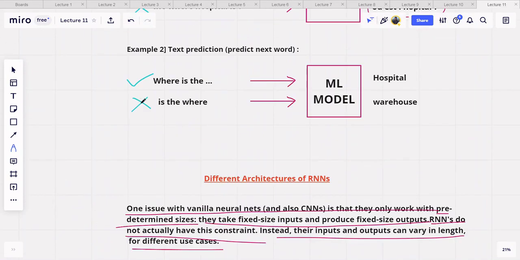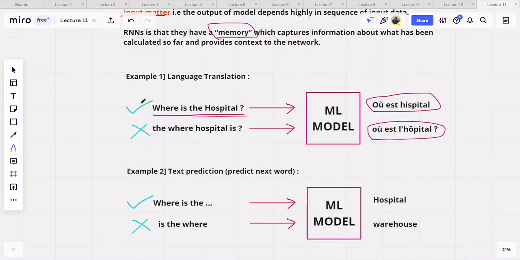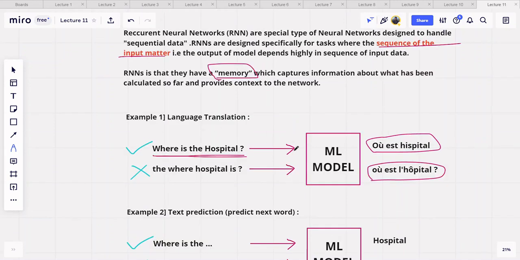Since we are dealing with textual data, when I say many or multiple inputs, I mean multiple words as input. So in a many to many RNN architecture, we give multiple words to the model, and the model again outputs multiple words as the output. One example for many to many architecture is language translation.